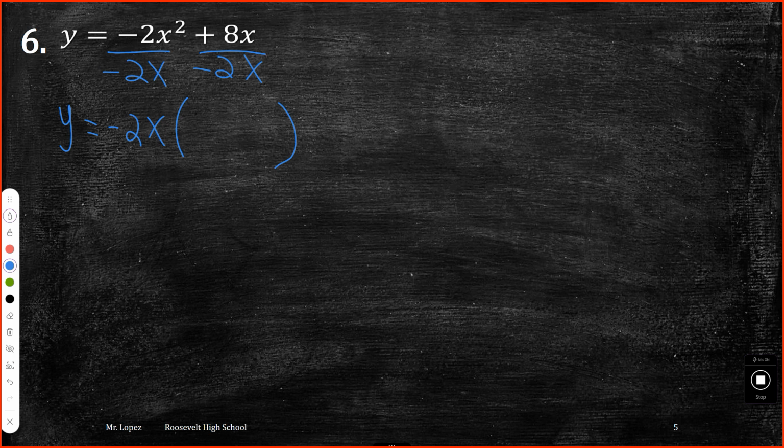What's negative 2 divided by negative 2? 1. And then it's just x, yes? And then what goes in the back? 8 divided by negative 2. Is that negative 4? Isn't a positive divided by a negative a negative? So it's going to be negative 4.